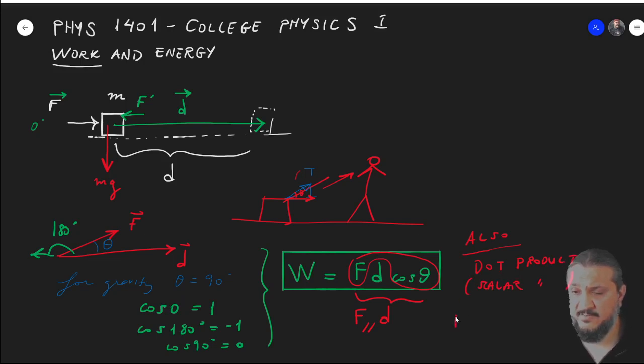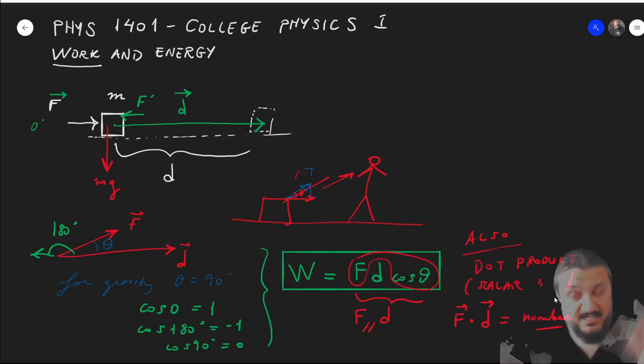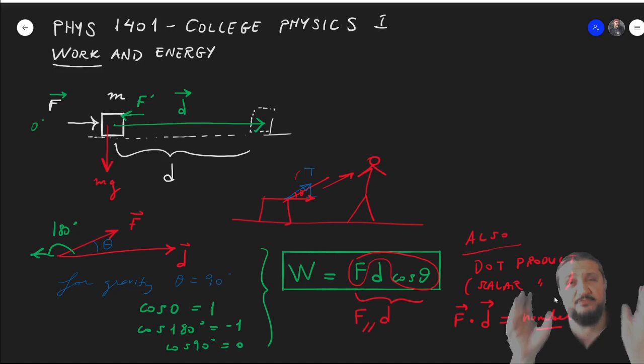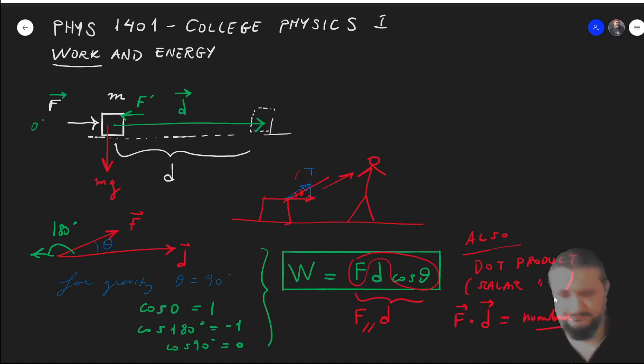You take the vector F and put a dot in between F and D. Okay? So you exaggerate that dot a little bit. But scalar means the answer is just a number. Just a number without direction. It's not a vector. Okay? The answer of the dot product of two vectors is always a number.